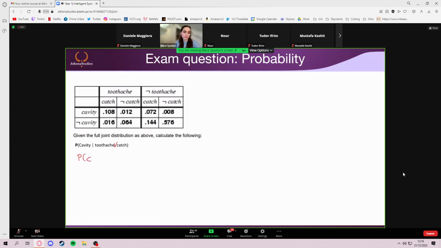So the probability of you having a cavity given that you have a toothache or catch. And then you have to use the formula. I don't remember what formula it is. Oh yeah, the conditional probability one, right? Yeah, that one. Exactly. So that is indeed correct.